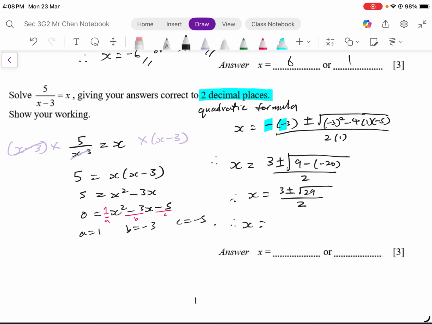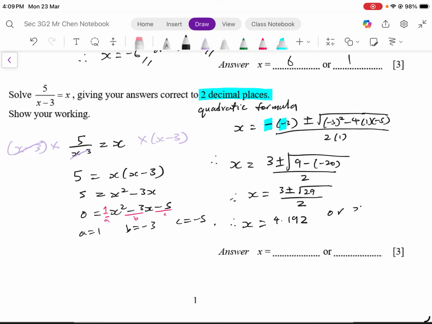So x equals, from here, use your calculator, mod 2, mod 5, 2, 2. Key in the original equation, 1, minus 3, minus 5. And you should get 4.192, or x equals minus 1.1925.